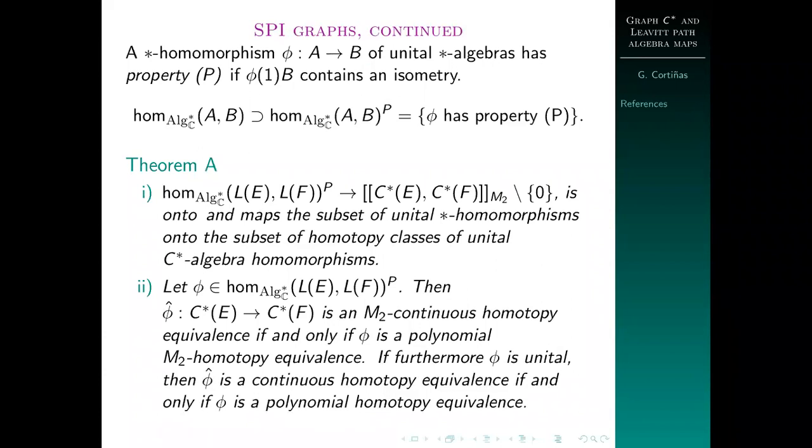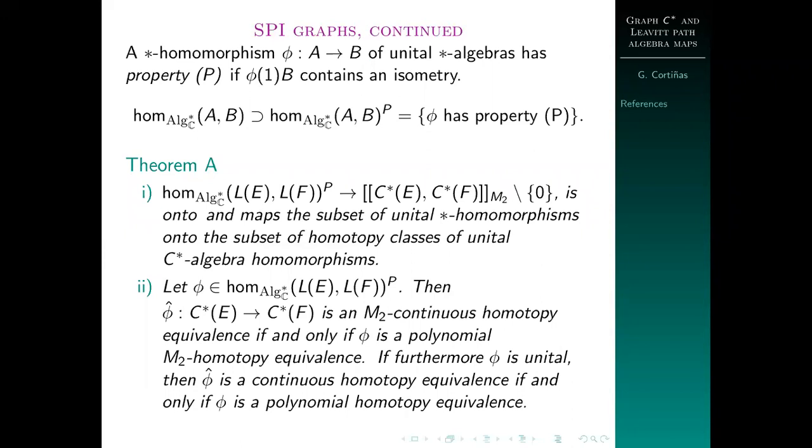And if furthermore phi happens to be unital, then phi hat is a continuous homotopy equivalence without the M2 if and only if phi is a polynomial homotopy equivalence. Okay, so this includes theorem A as I formulated it originally, and also includes the case of non-unital maps, which make M2 homotopy appear.